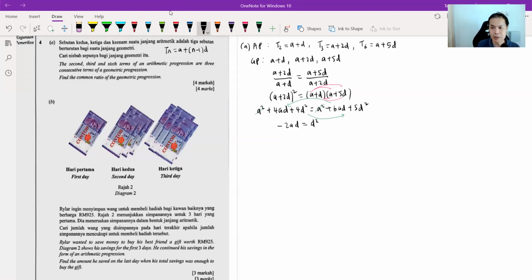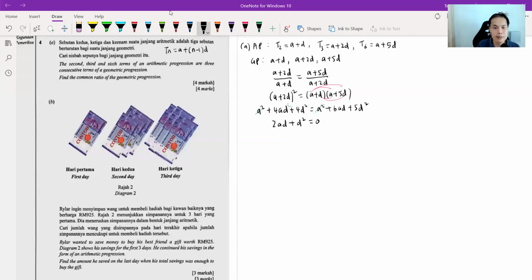Or another way of looking at it is to bring everything to the right instead. When I bring it over to the right, 6 minus 4, I get 2, and 5 minus 4, I get 1.